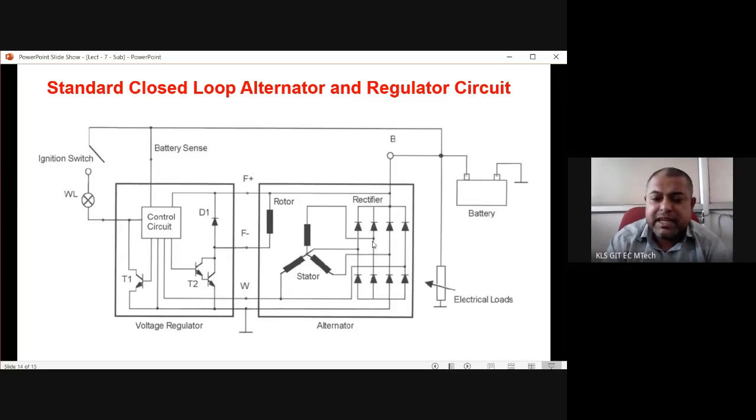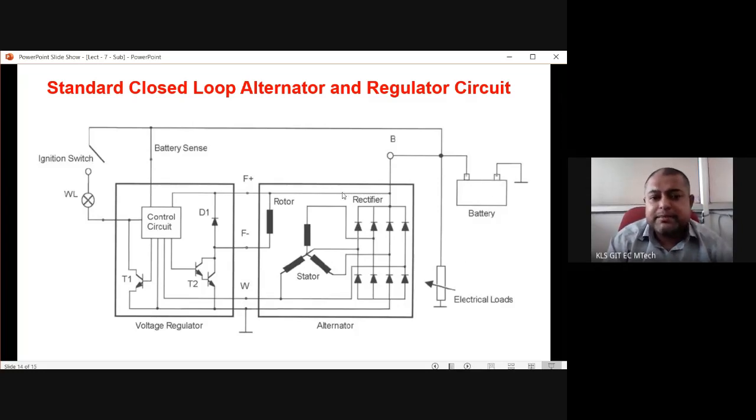This is positive, this is negative, and these 6 are the RYB phase rectifier. There is one connection going to the battery. You can check, this is the battery, and from this point it is going to the electrical loads. So this battery will be giving supply to the DC loads of the vehicle.